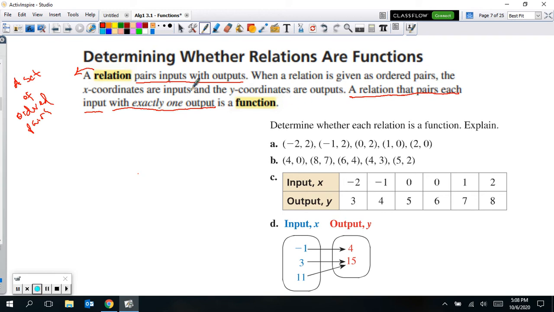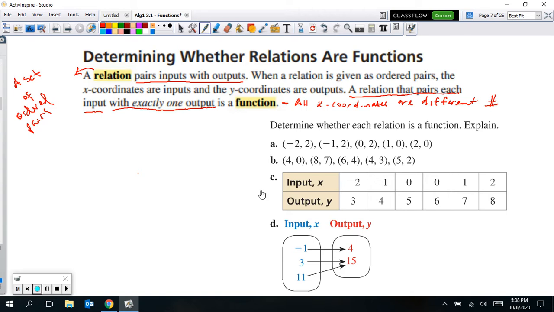Each input, which is the x, is paired with exactly one output. That basically says that all x coordinates in your ordered pairs are different numbers.